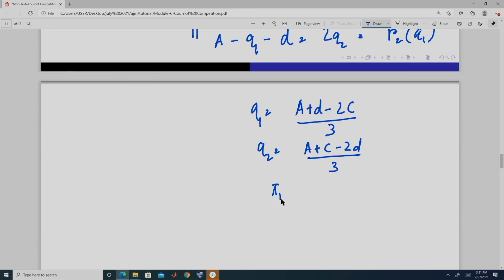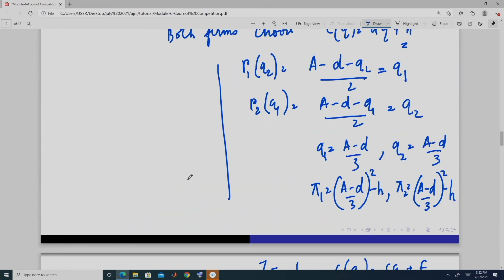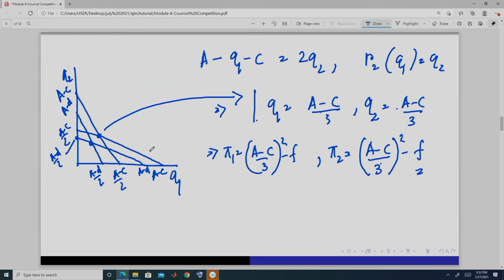And you can look at the profit, which is this for firm 1 and this for firm 2. And if we look at this diagram, the reaction function of firm 1 is this, the reaction function of firm 2 is this. So, this is the outcome.